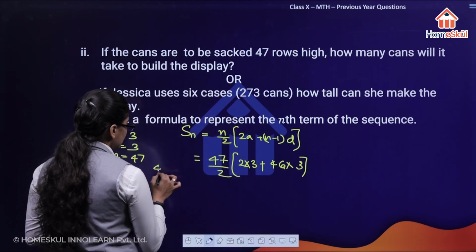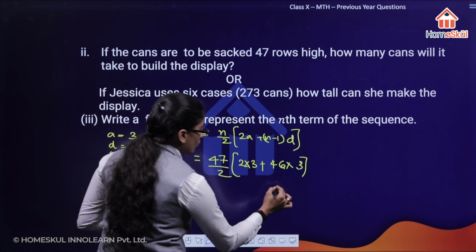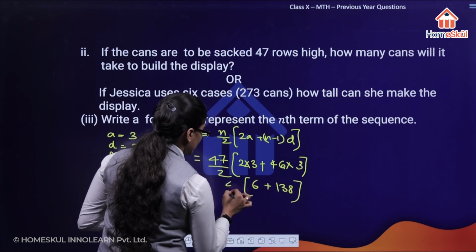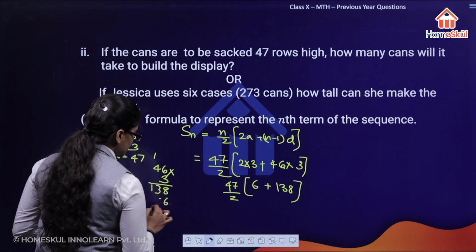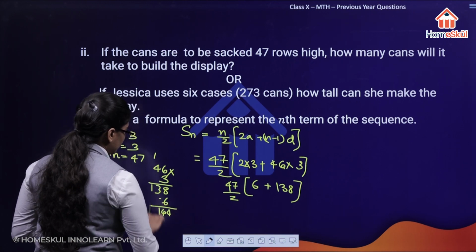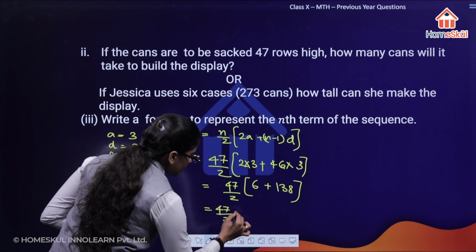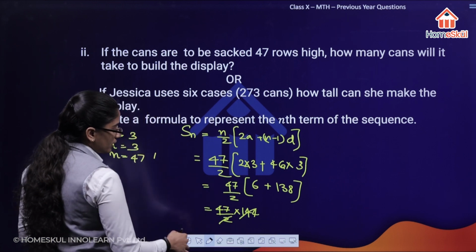What is 46 into 3? 138. 138 plus 6 is 144, right? That is 47 by 2 into 144.